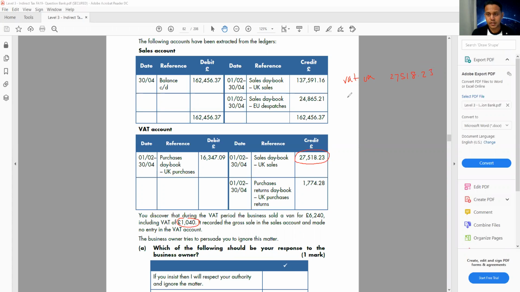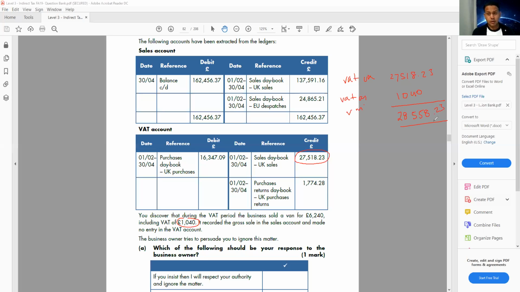So VAT on van, that is 1040. If I add this, how much is the total we have here? 28,558.23.